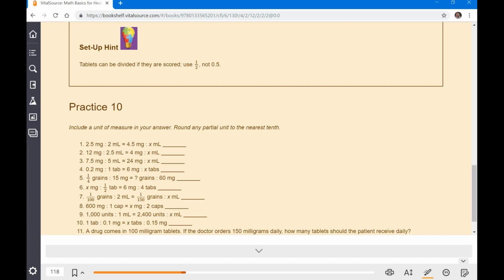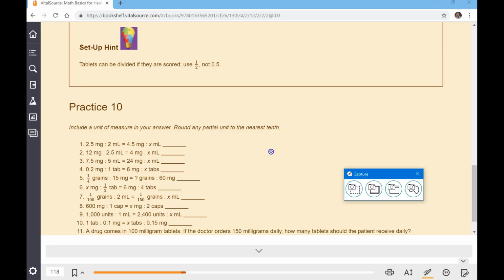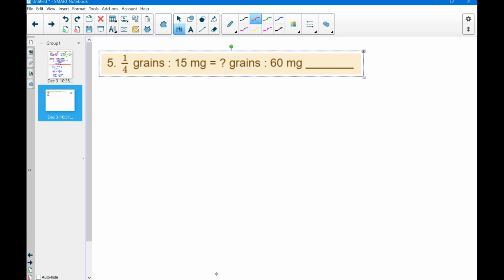I'm trying to find a really nasty one. I think this one because it has fractions in it and no one likes fractions.